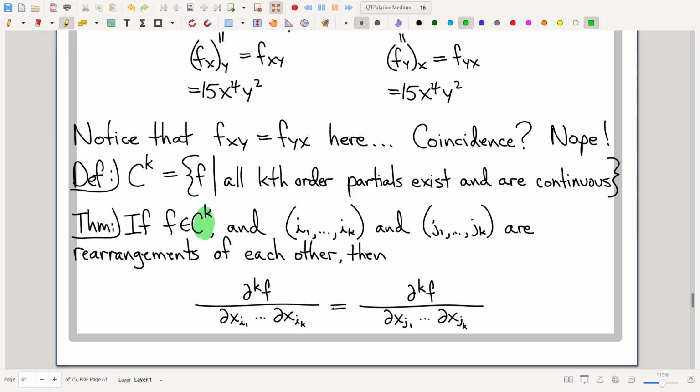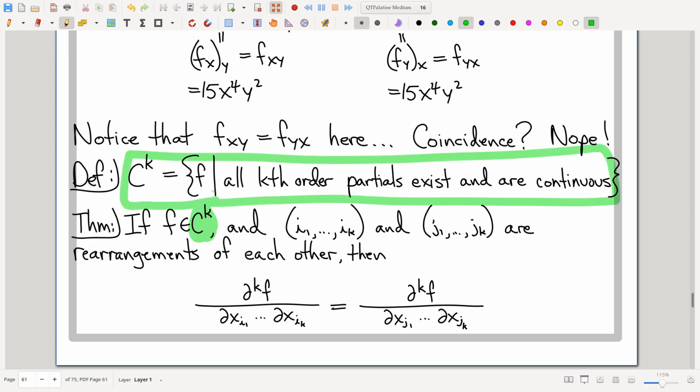The condition is that the function in question be what we call C^k. This is a really good thing to know. This notation is extremely common, and it's very important because in lots of areas in math, we need to be able to talk about when a function is continuous, and if its derivative is continuous, and sometimes if its second derivative exists and is also continuous.